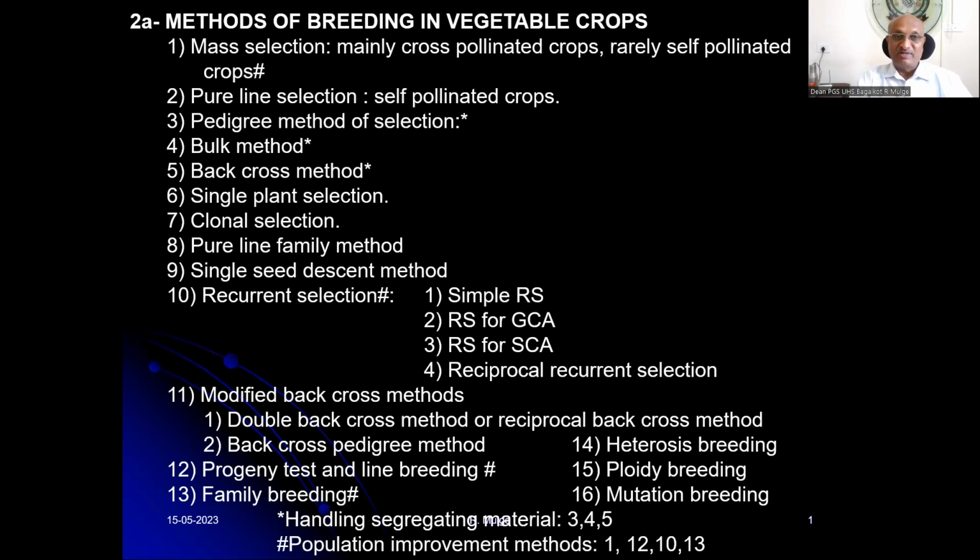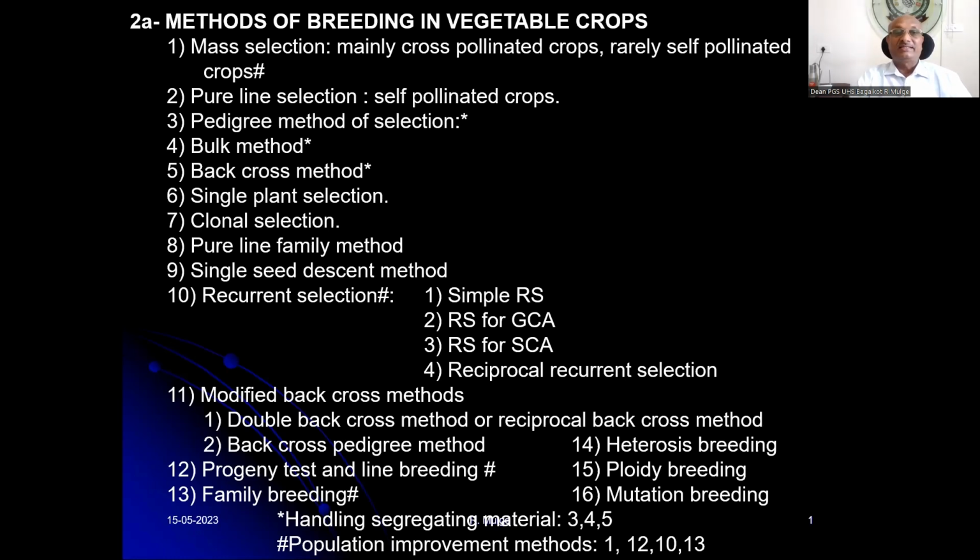Then the single seed descent method. It is again a modification of your pedigree bulk method. Rather, a modification is there. It is handling the segregating material only. Pedigree, bulk. We'll discuss some of these methods in the next few classes.